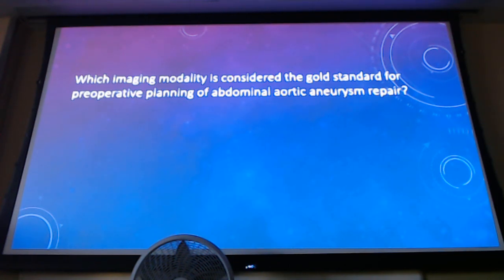Alright. Which imaging modality is considered the gold standard for preoperative planning of abdominal aortic aneurysm repair? CTA abdomen pelvis, right?